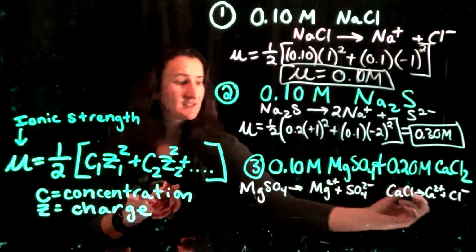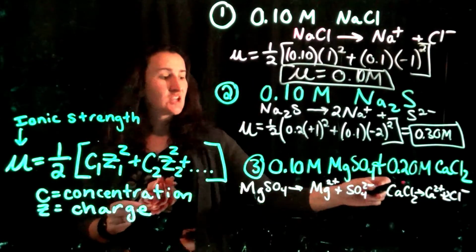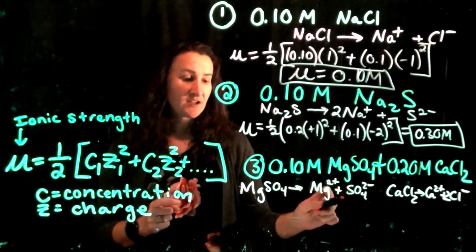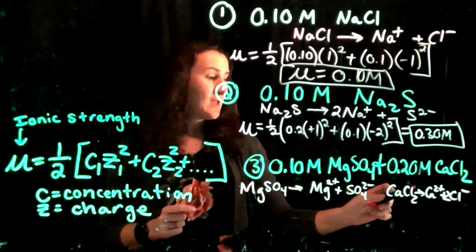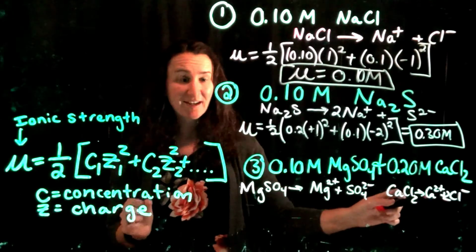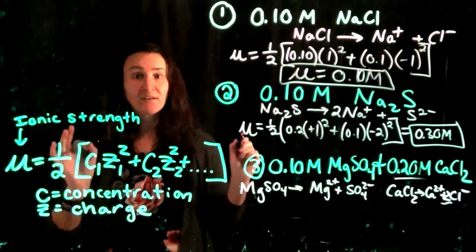But how many chlorides are there? 2. And so we need to make that change. Make sure we note that my concentration of magnesium is 0.1, concentration of sulfate is 0.1, concentration of calcium is 0.2, but chloride, what's my concentration of chloride ions? It is twice what it was originally, so it's 0.4.